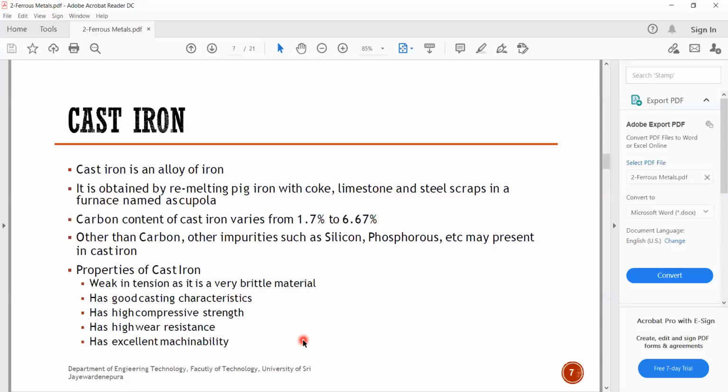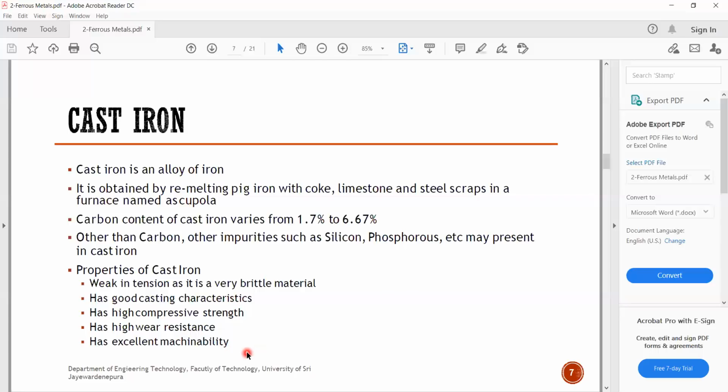So wear resistance is about damage by friction or use. If it has very low wear resistance, or does not have wear resistance, it can be easily damaged by friction, right? So here high wear resistance means it is not easily damaged by friction or use.